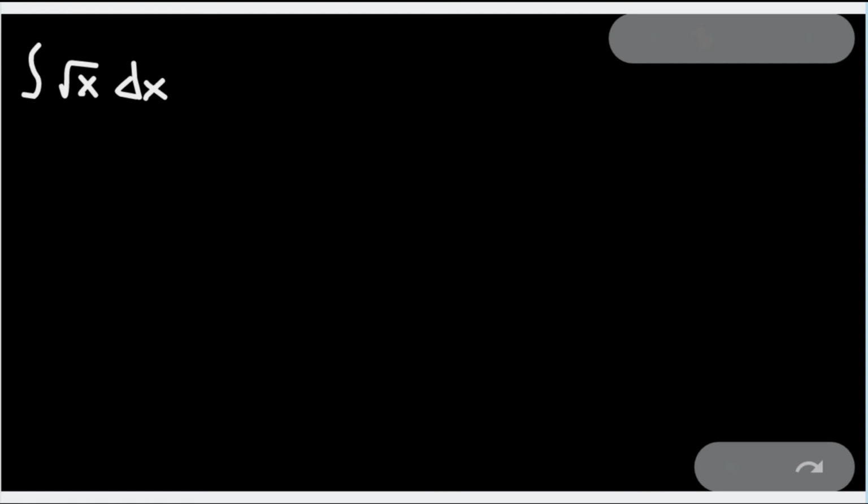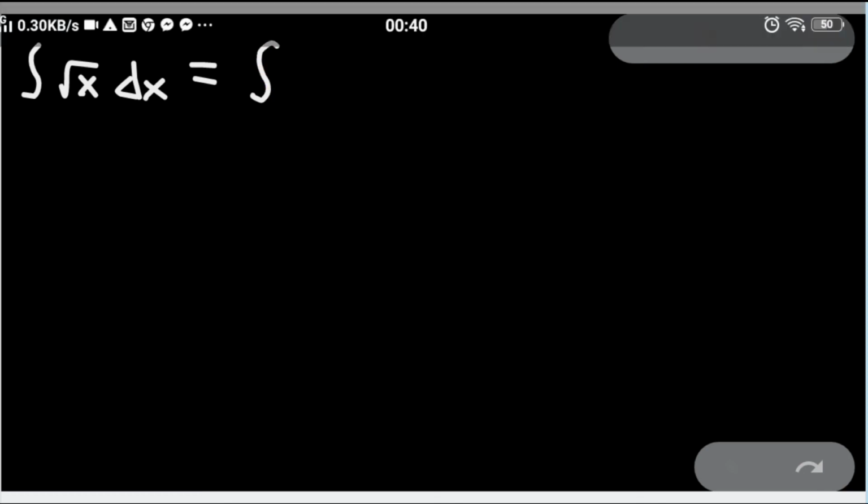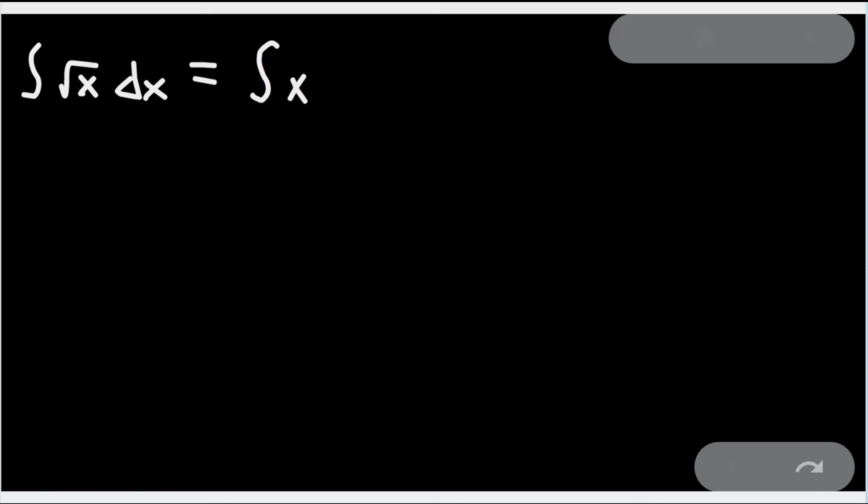So what we need to do is to simply convert this radical sign into exponential form. So in this form, square root of x is also written as x raised to 1/2. Then copy dx.